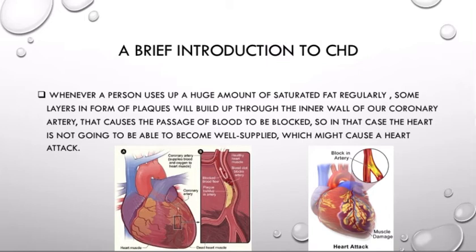In that case, the heart is not going to be well supplied, and also the heart cannot relax and contract properly, which might cause a heart attack. As you can see in these pictures, some plaques, some kind of fatty deposits, build up in those coronary arteries, which prevents the passage of the oxygenated blood through our coronary arteries.